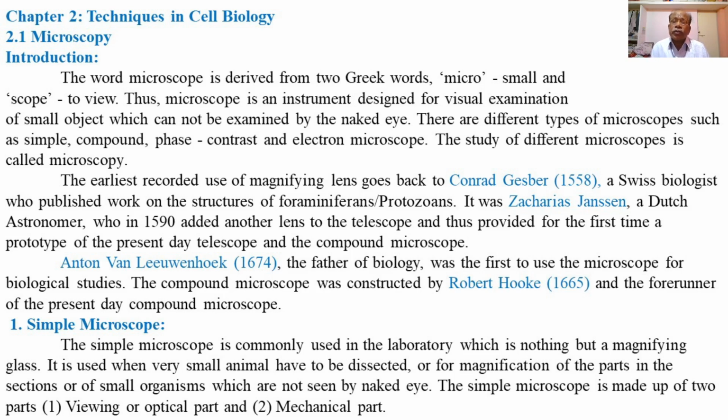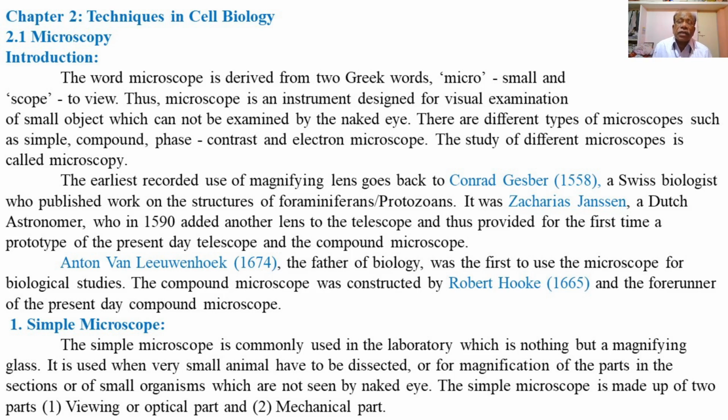So a simple microscope is just a magnifying lens or magnifying glass, used for observing the magnified view of small animals which are to be dissected, or for magnification of the various parts in sections.